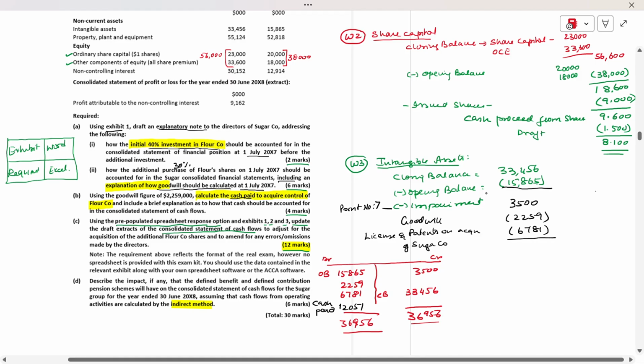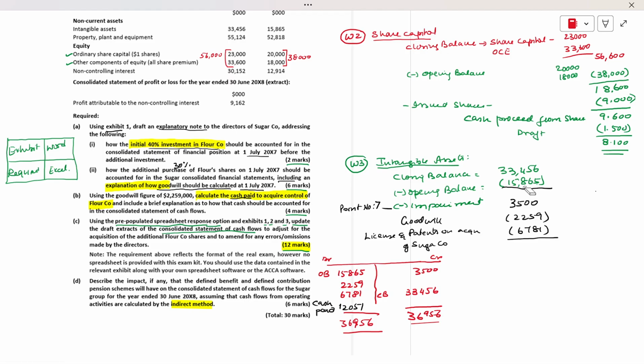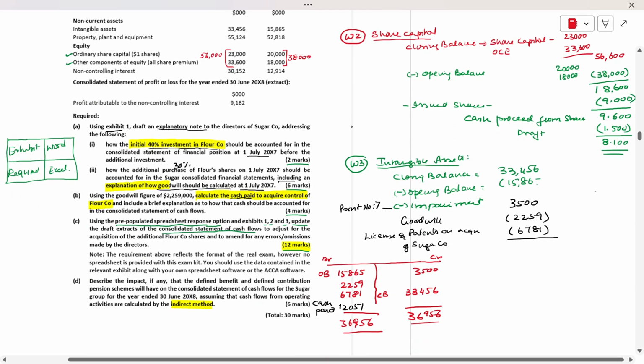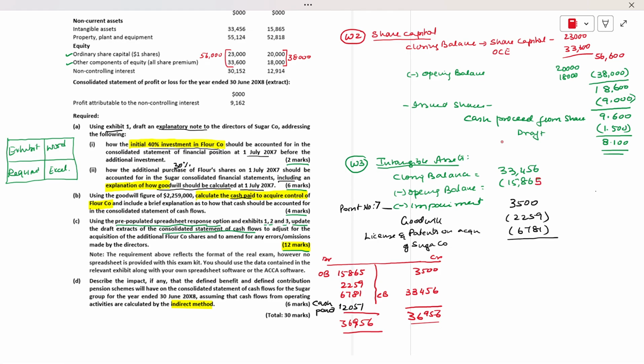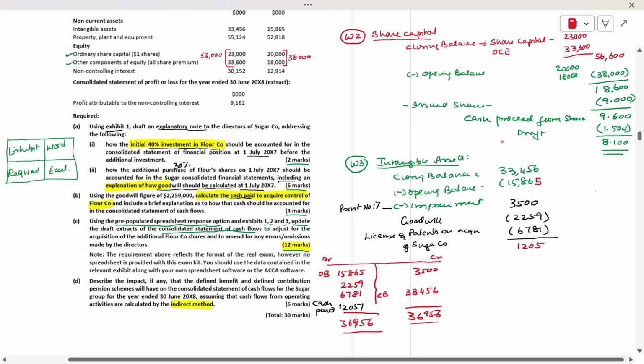The difference is going to be, you remove this one, you remove 15865. It comes to how much? 12051. This is the cash paid for goodwill.